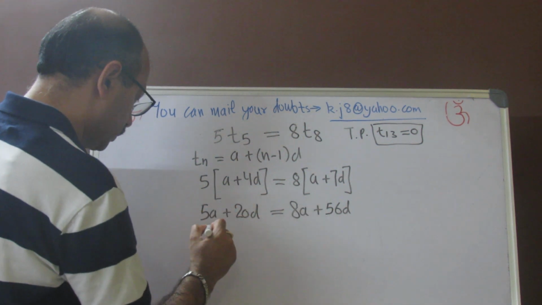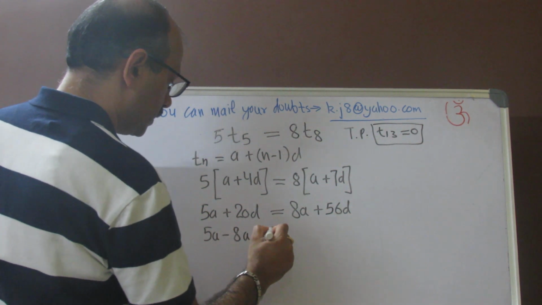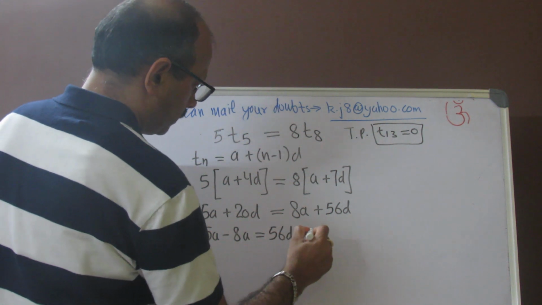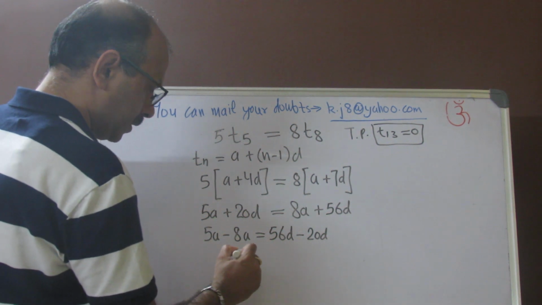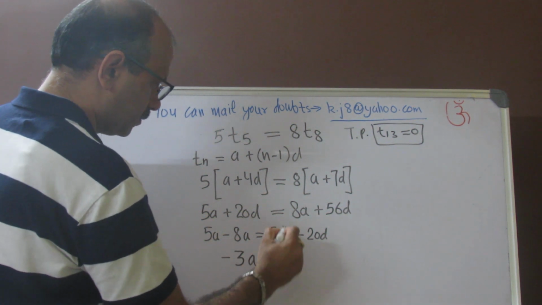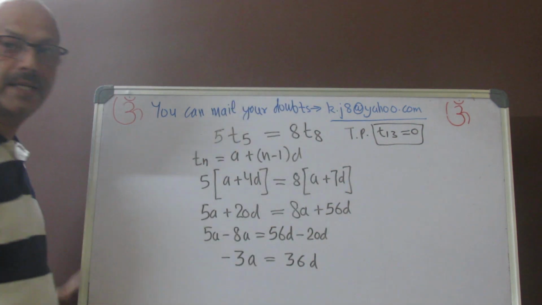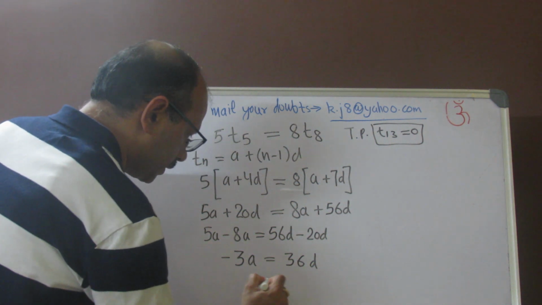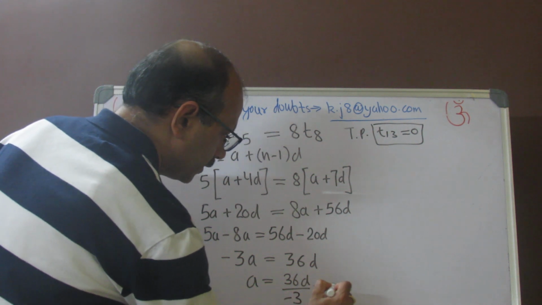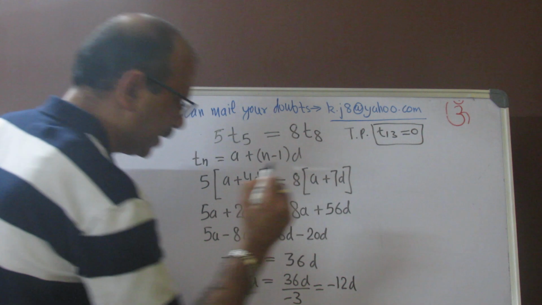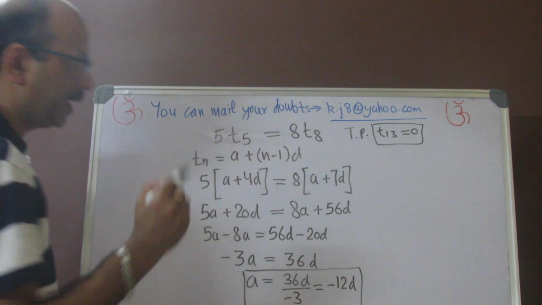Bringing a to one side, we have 5a minus 8a equals 56d minus 20d, which gives us minus 3a equals 36d. So a equals 36d upon minus 3, which is minus 12d. This is the relationship between a and d.